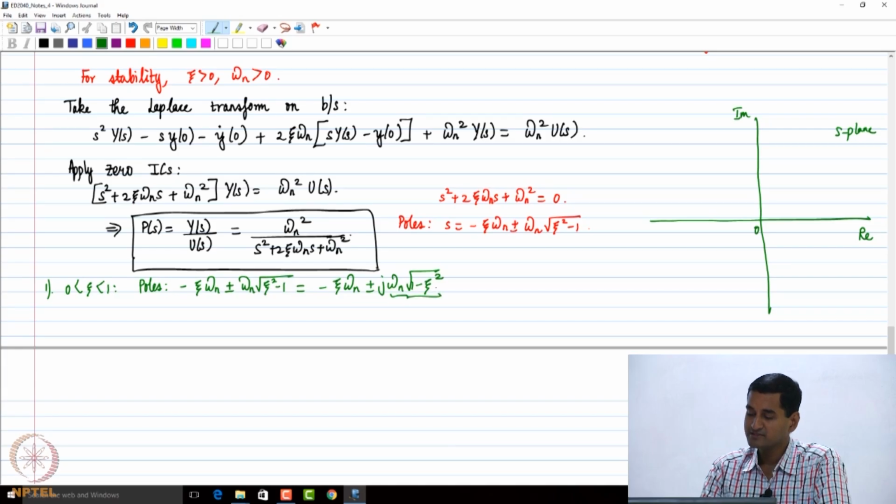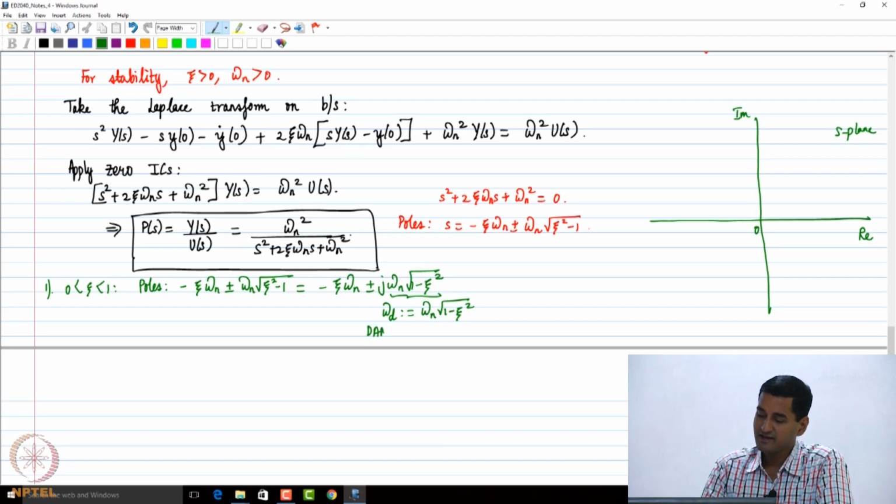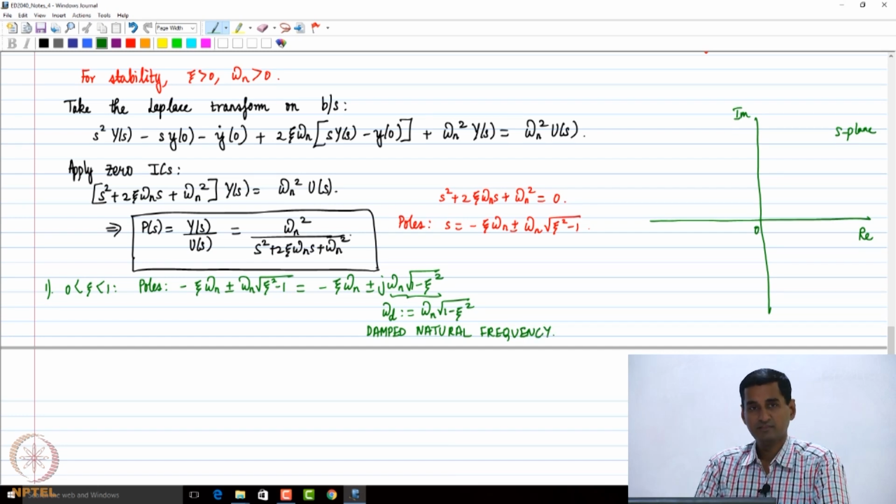So we can immediately see that this is a pair of complex conjugate poles. And typically this omega n times square root of 1 minus zeta squared is denoted as omega d, which is what is called the damped natural frequency. We will see why it's called damped natural frequency shortly, but that's what it's called.